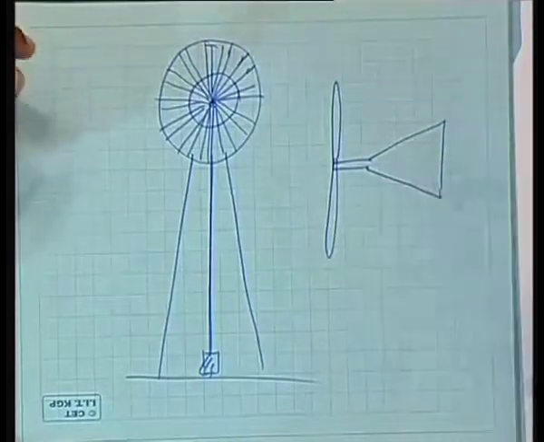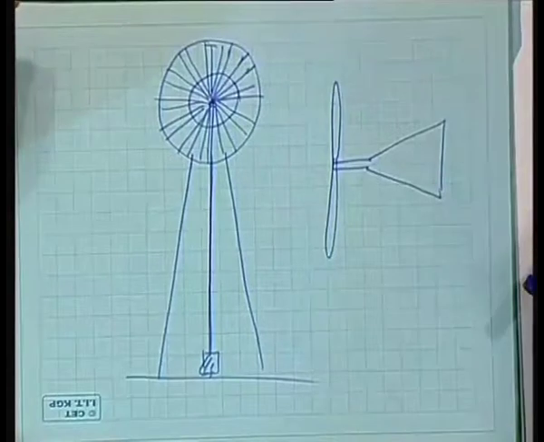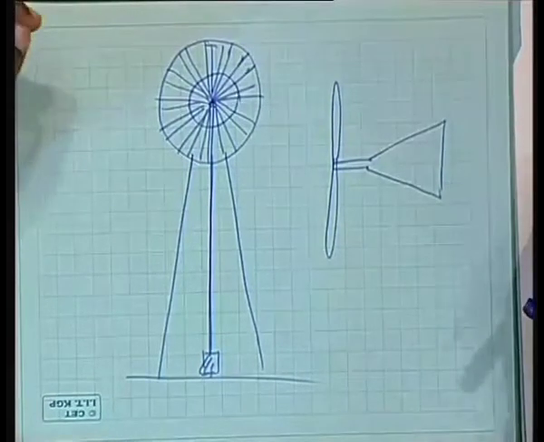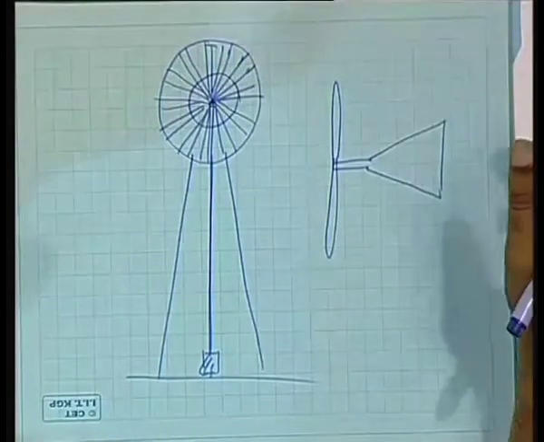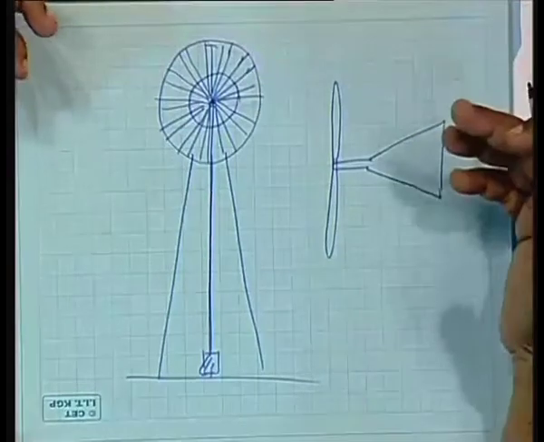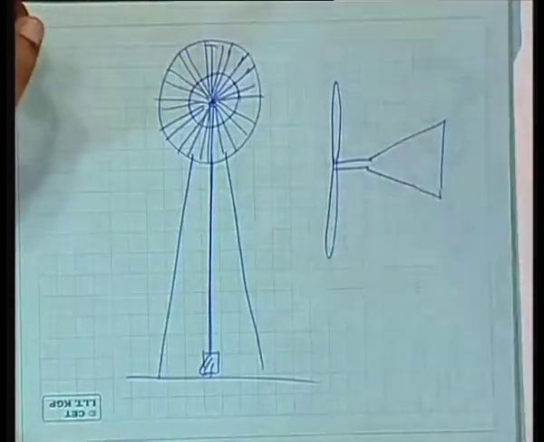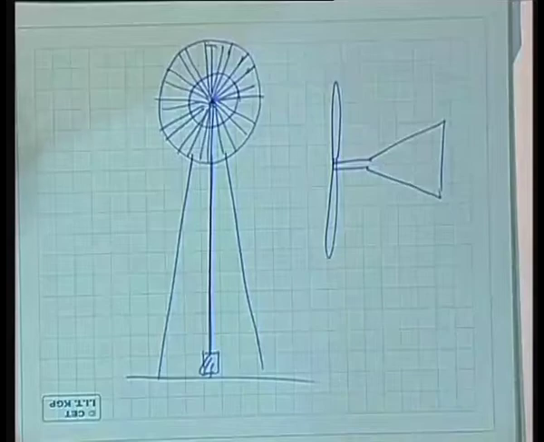Not only that, some of them have a built-in protection against high winds. When very high winds or cyclonic winds come, then most of the wind turbines have to be shut down. I will come to those things a little later, but for the water pumping wind turbines, you cannot have the sophisticated mechanism of disorienting it.